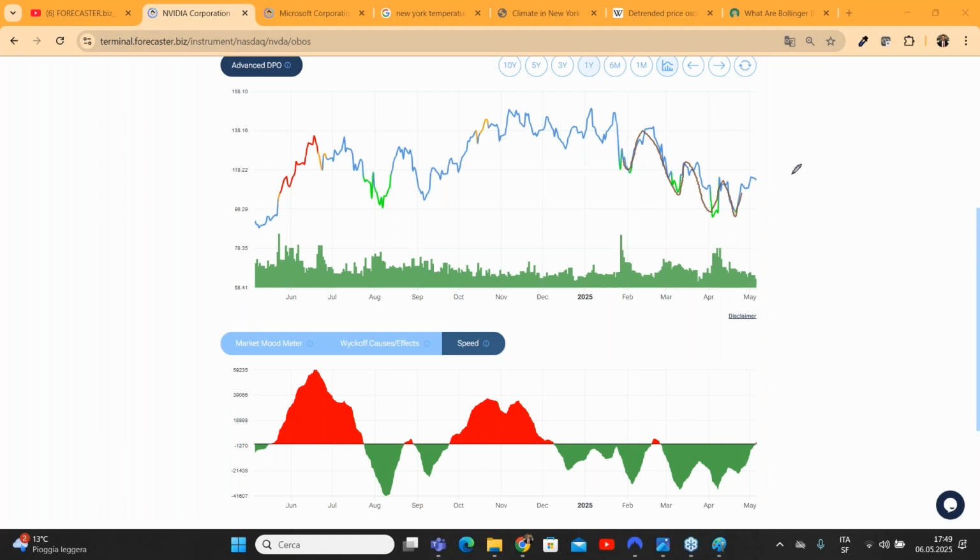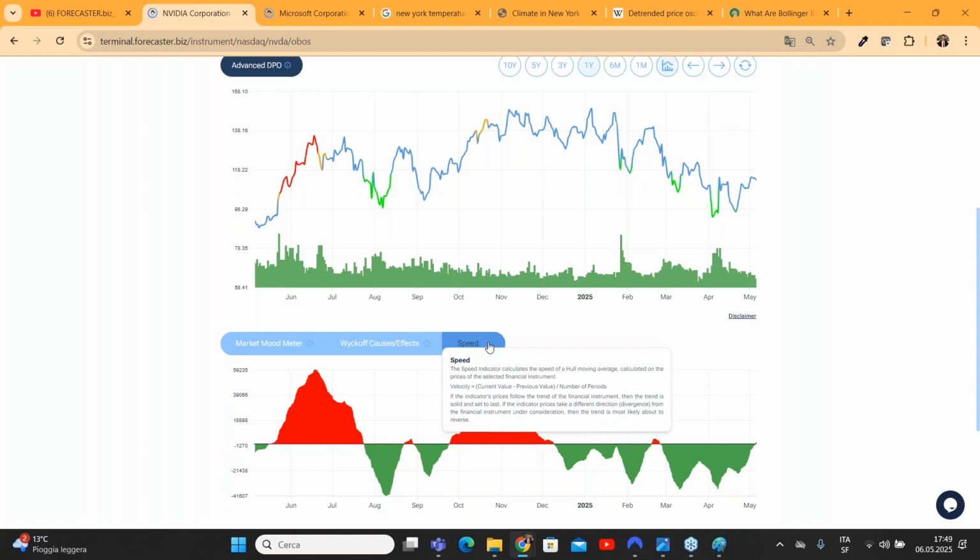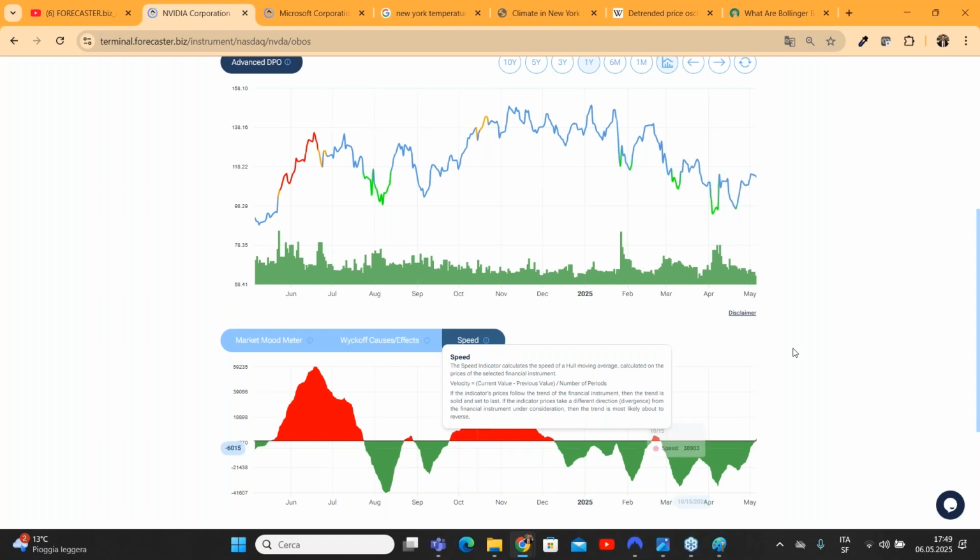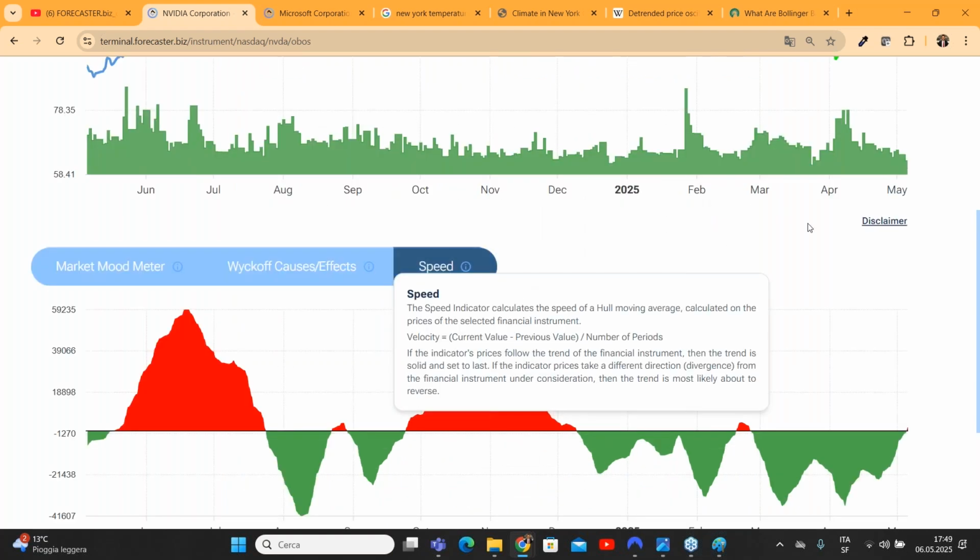So in the case of speed, we do something really easy. We imagine this is not a price, this is a car, and what we do is calculate the speed of the car with exactly the formula you can use in order to find the velocity of a car. Very simple.